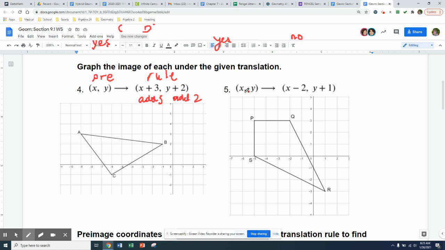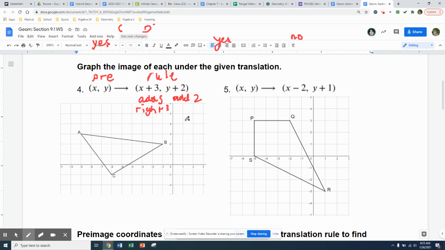It also communicates which direction our image is going to be from where the pre-image is. So plus 3 on the x-axis, if you think about how the x-axis works, as you go to the right, that's increasing. As you go to the left, that would be decreasing. So an add 3 also is going to mean we're going to move this to the right 3. And an add 2 on the y, anytime you're going up, your y's are increasing.